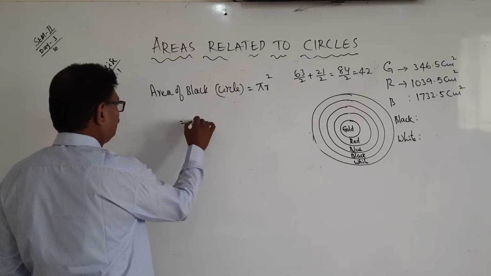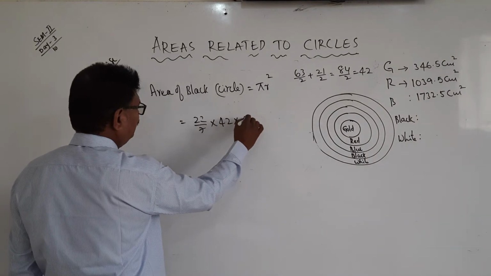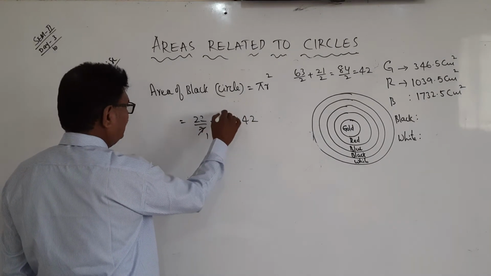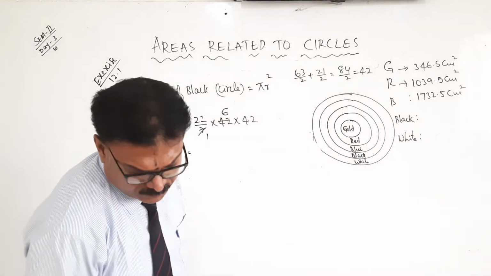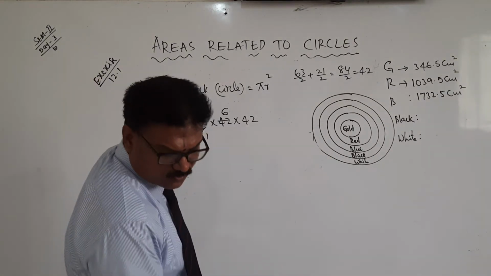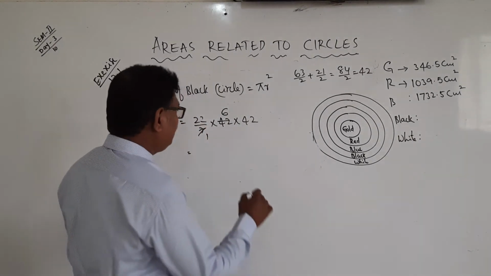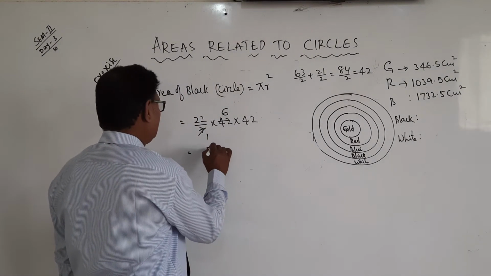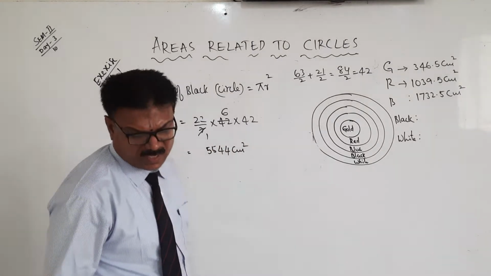Now that is equal to 22 by 7 into 42 into 42. 7 into 1, 7 into 6. So how much will it come? Around 2420. Sorry, 5544. How much will come? 5544 centimeter square.